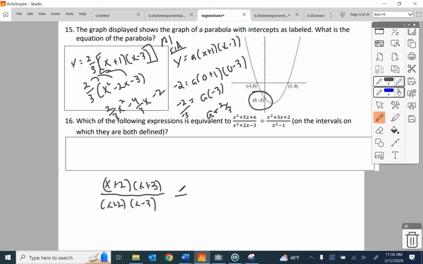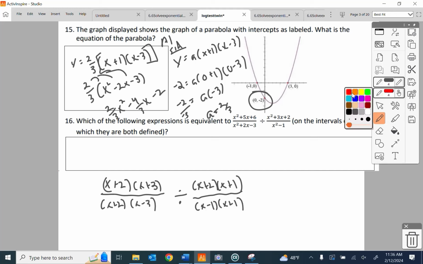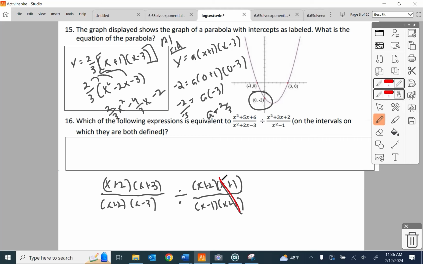Now we are dividing this by that guy, which factors as x plus 2 times x plus 1 over x minus 1 times x plus 1. And I'm going to throw some things away. Common factors get thrown out the window.